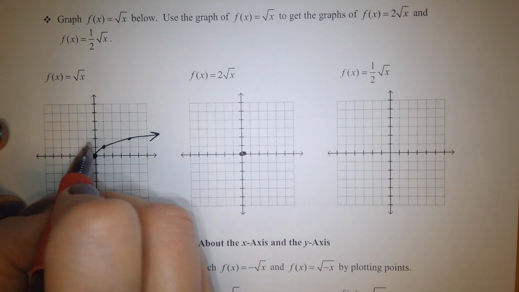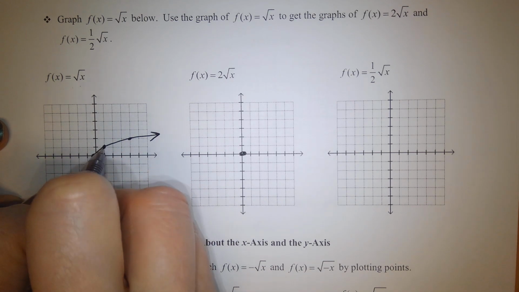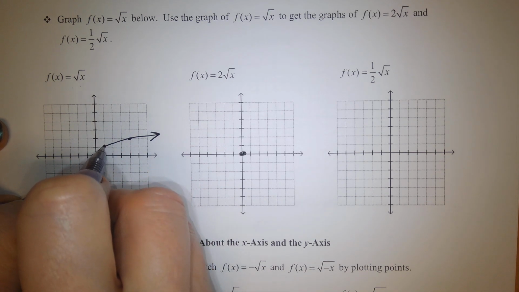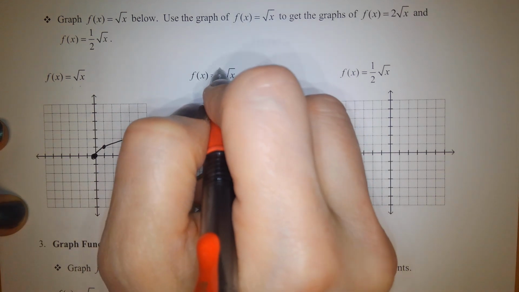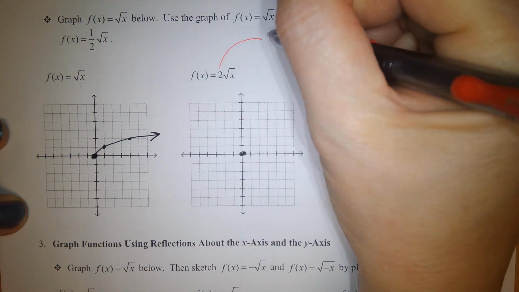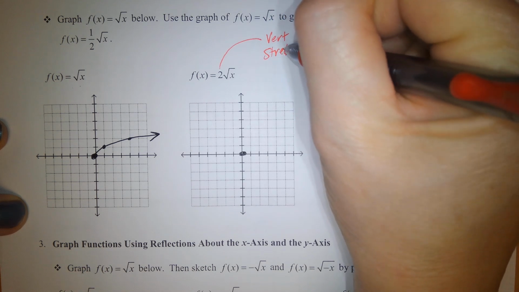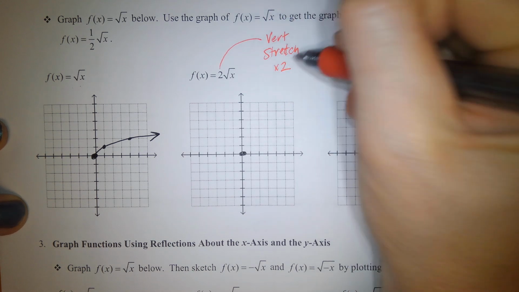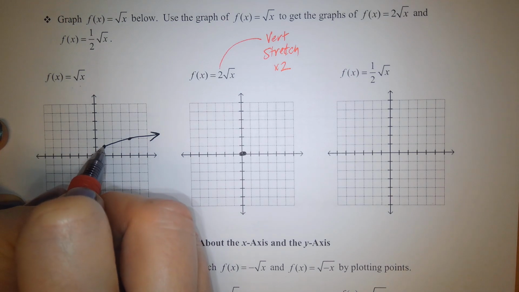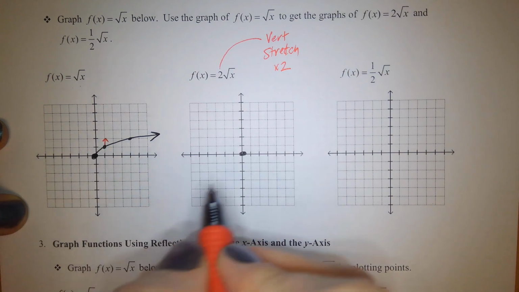Now every point that we have graphed over here is going to get either vertically stretched or compressed. Since there is a 2 in front, this will be a vertical stretch times 2. So this point is going to be now, instead of 1 tall, 2 tall.